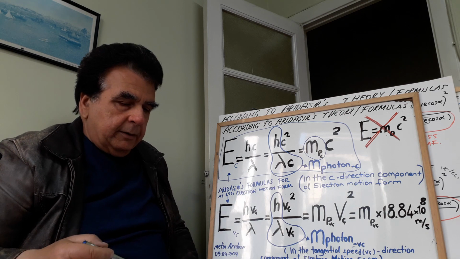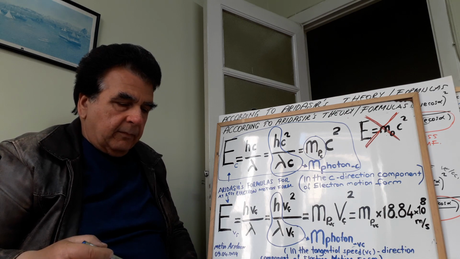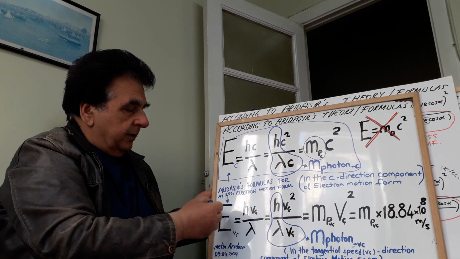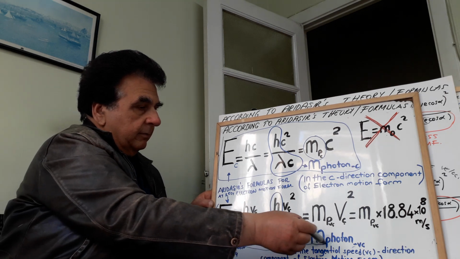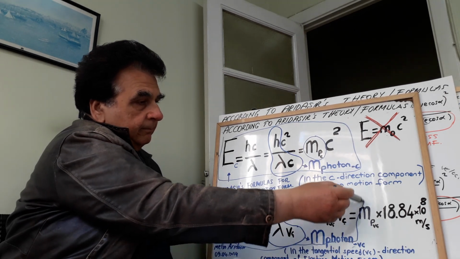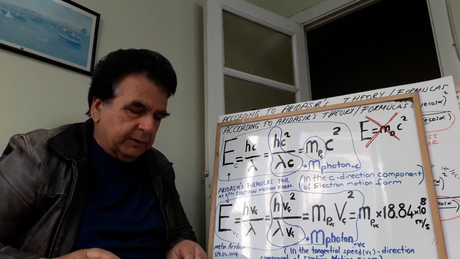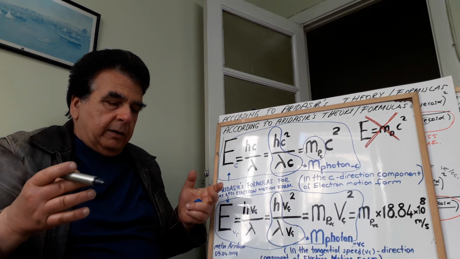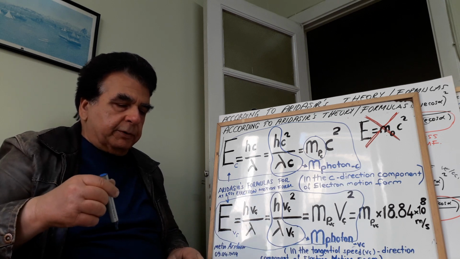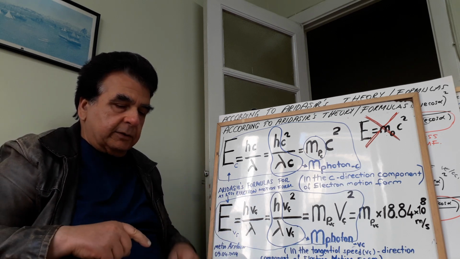And this is the tangential speed component of electron motion.